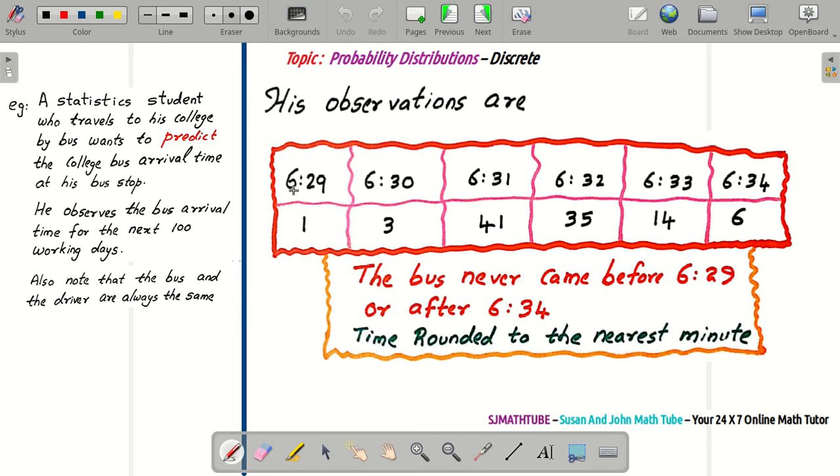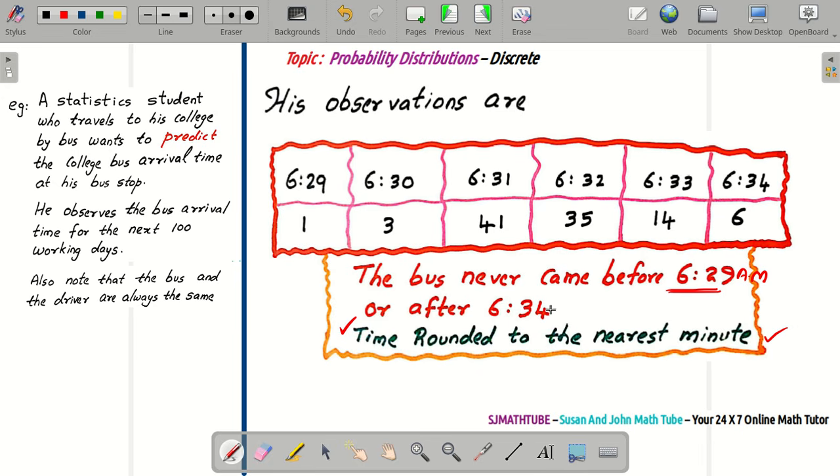Now look at this. The time in this experiment is rounded to the nearest minute. So intentionally he made the experiment into a discrete one. We can see that the bus never comes before 6:29. As he's going to college, let's assume this is morning.